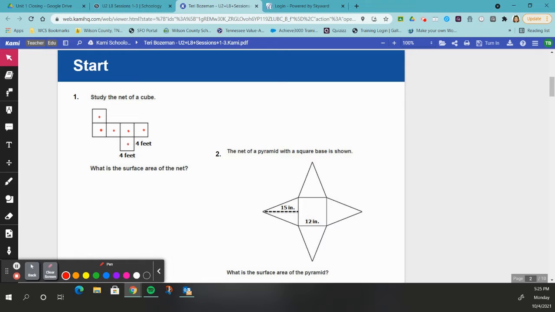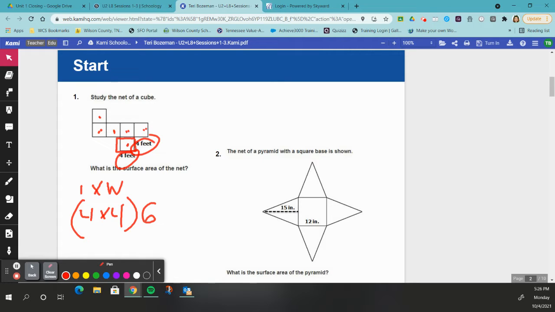So when we do that, when we find the surface area of this cube, we know that one box is a 4 by 4. Well, to find the area of a square, we do length times width, right? So we want to do 4 times 4. And after we do that, we have 1, 2, 3, 4, 5, 6 of those boxes. So we want to multiply it times 6 to get our total surface area.